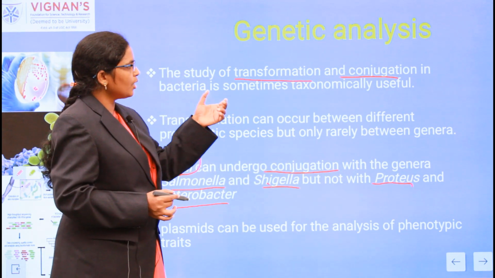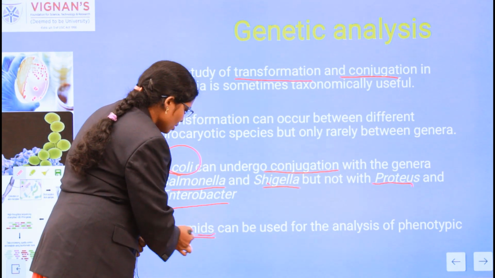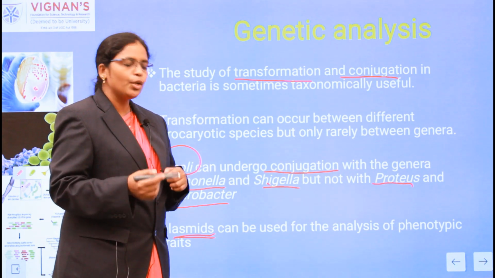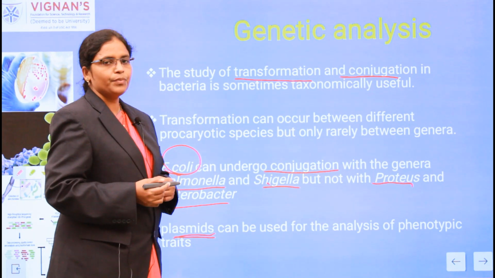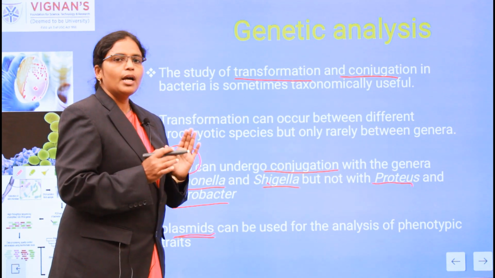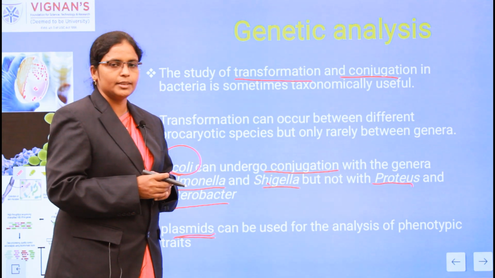So for this conjugation and transformation, the plasmids are used for analyzing the phenotypic traits. So this is the old approach used for identification and classification of the microorganisms.